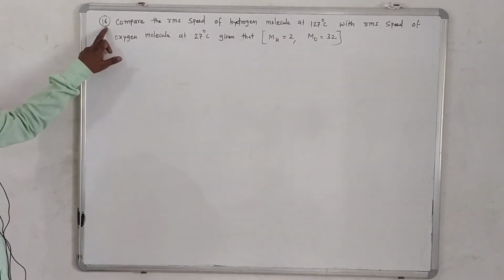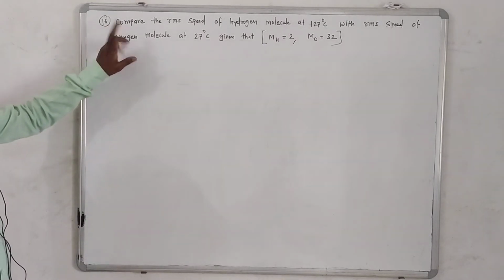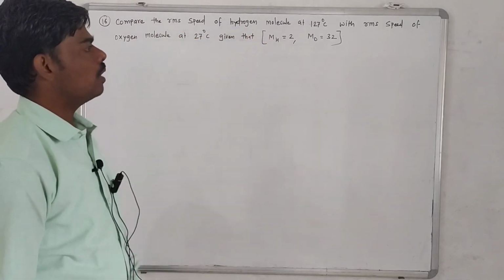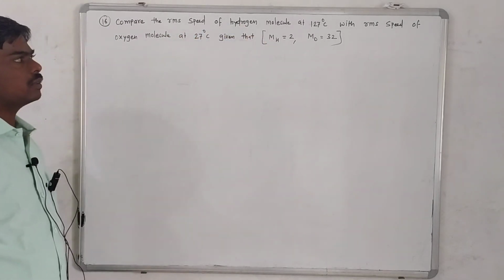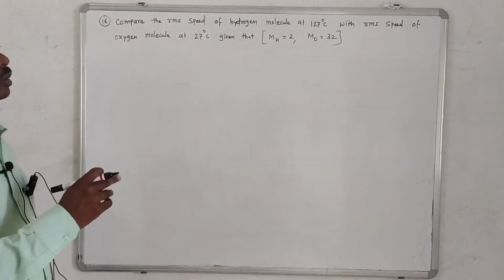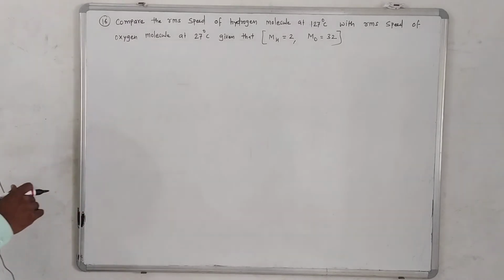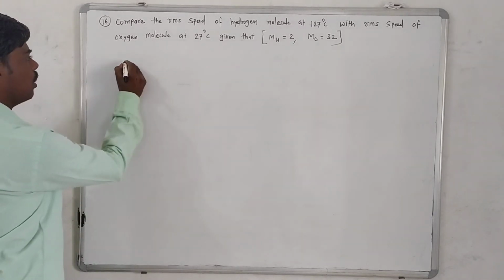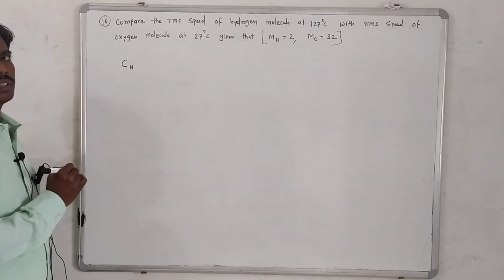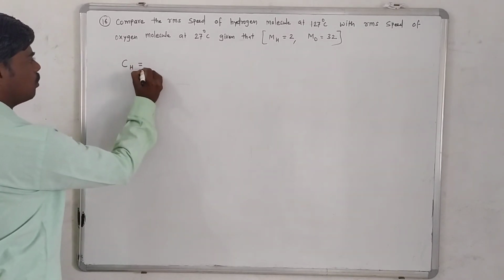This is problem number 16. The problem is like this. Compare the RMS speed of a hydrogen molecule at 127 degrees Celsius with the RMS speed of an oxygen molecule at 27 degrees Celsius. So the RMS speed of hydrogen I will represent by C_H. What is the formula?